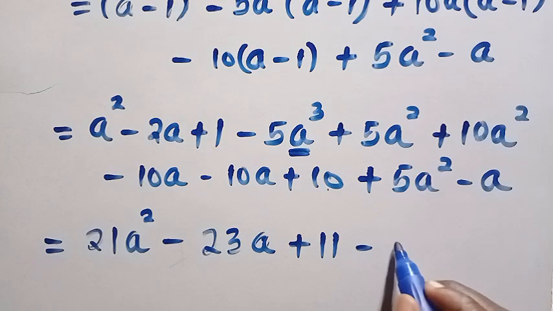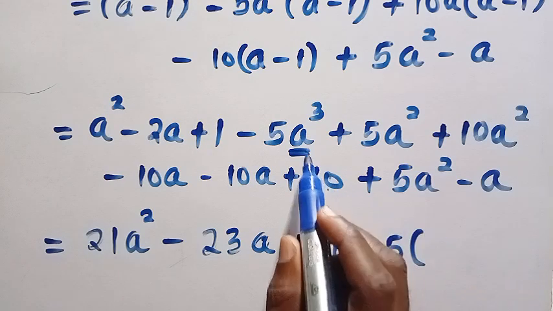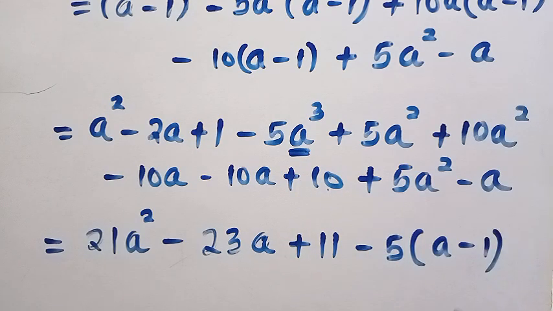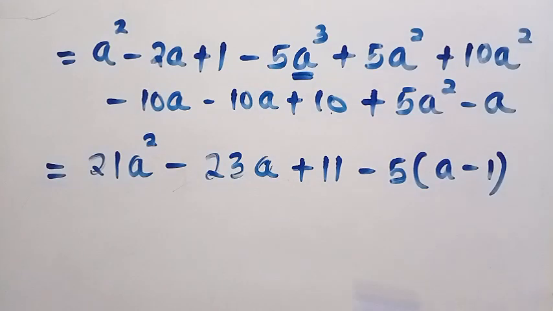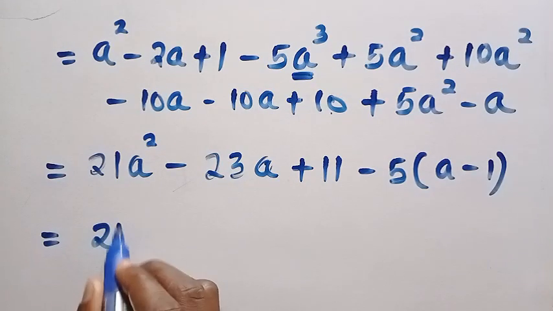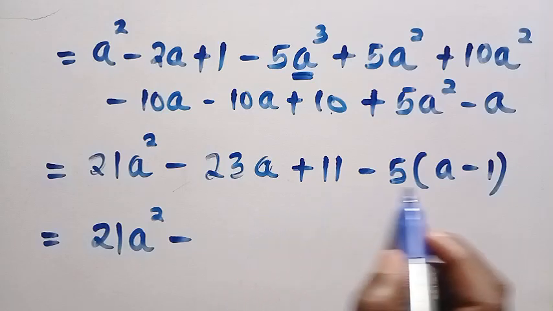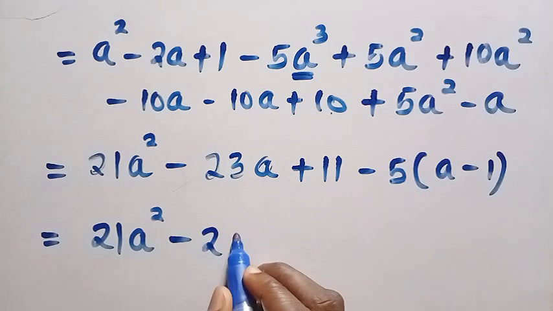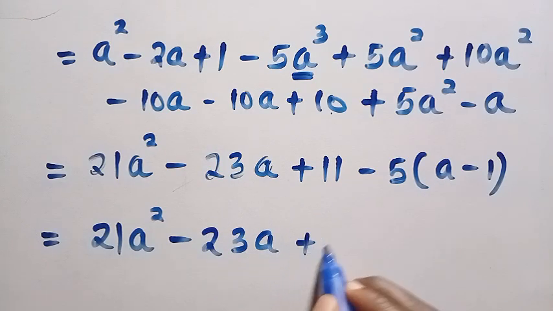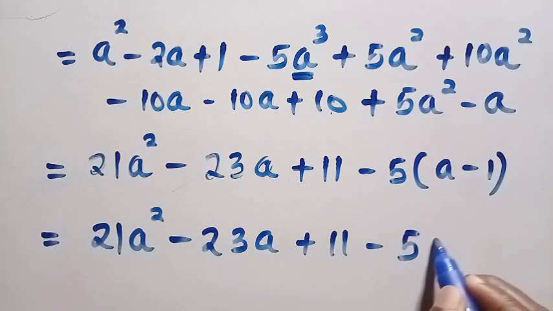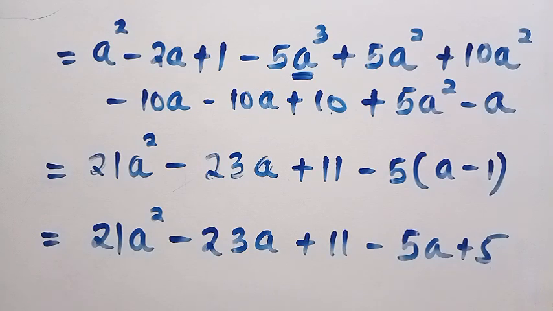which this one gives us minus 5 into bracket of a raised to power 3 is given as a minus 1. Alright, so this gives us 21a raised to power 2 minus, here when we expand this, okay, let me write this as 23a plus 11 minus 5a plus 5.